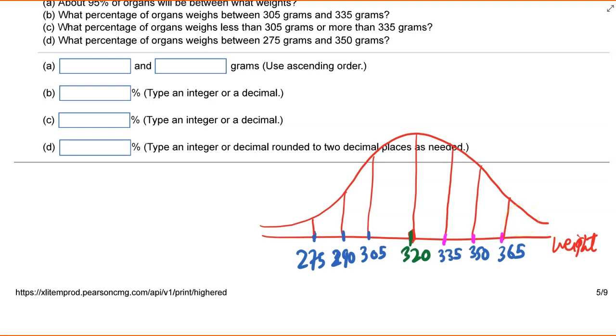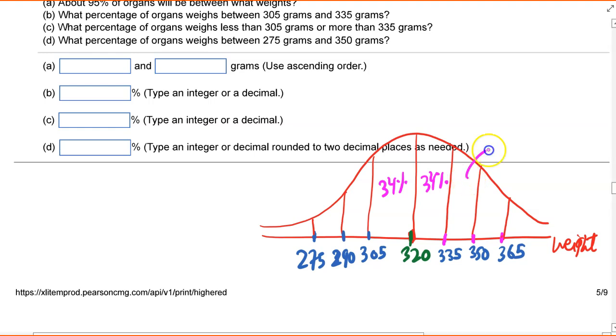You can excuse my boxes here. These are supposed to be equal size, but this looks bigger, but that's okay. You know what I mean, right? This 34% goes here, 34% goes here. That's how 34 plus 34 is 68% within one standard deviation.